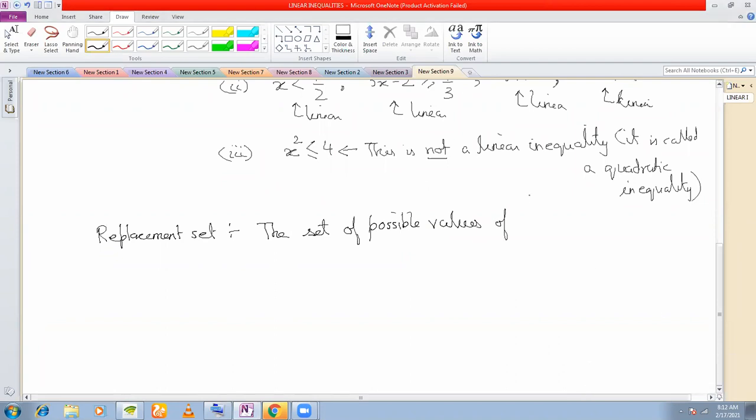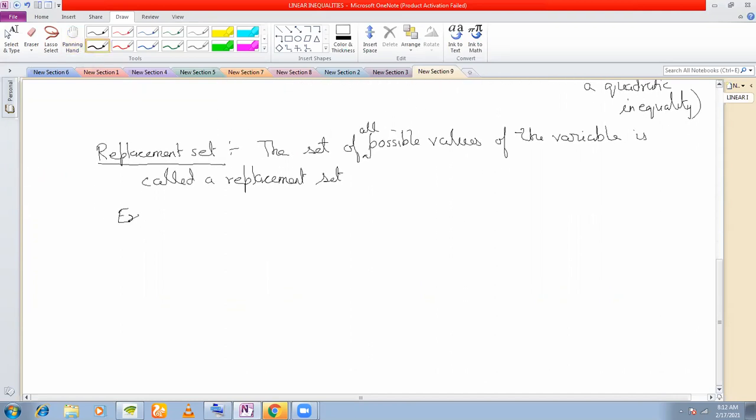The set of all possible values of the variable is called a replacement set. The set of all possible values of a variable is called a replacement set. Now, example.